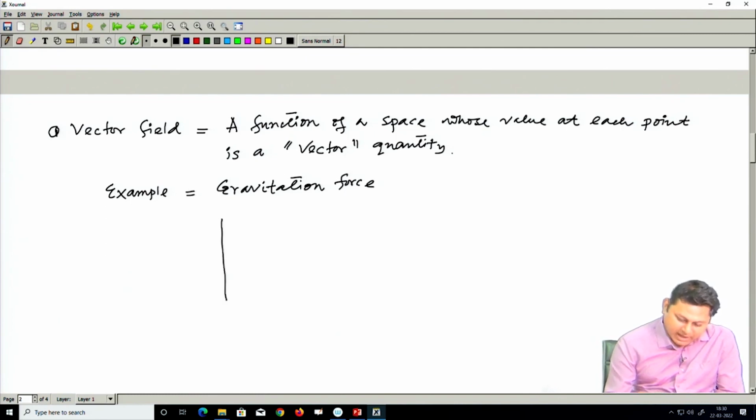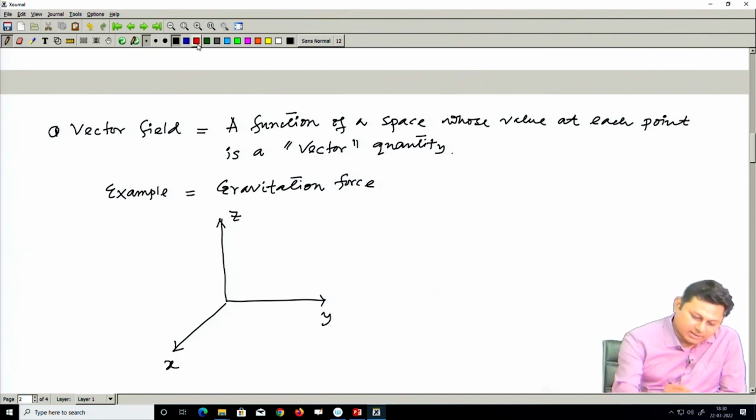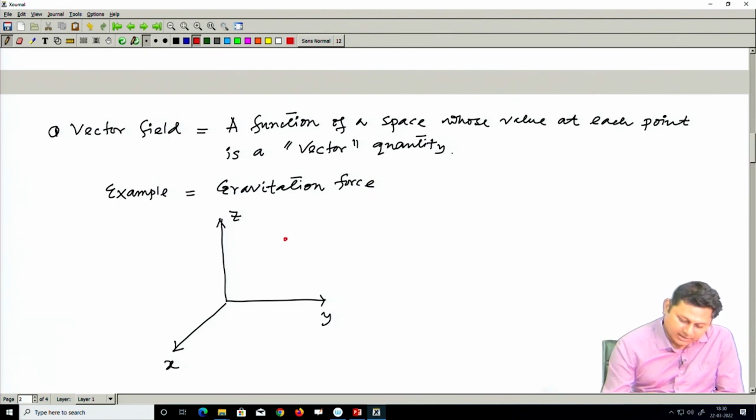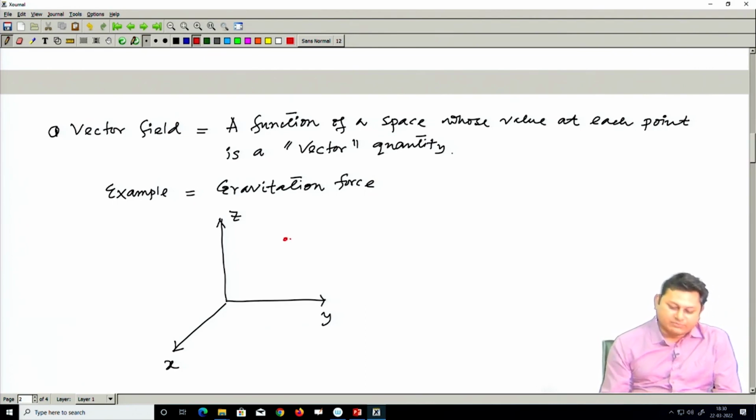So, again I can have a coordinate system defining a space, say a Cartesian coordinate system with x, y and z, and at any point I can have a gravitational force. This should be a vector quantity because it should have a direction as well.